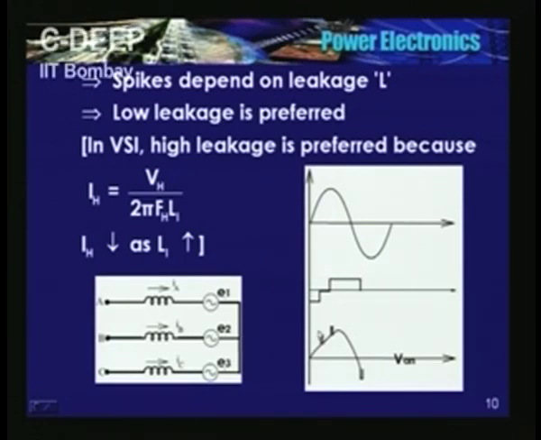One is to have a gradual transfer. Of course, if it is slow, it affects your power transfer. So, another way to decrease the magnitude of the voltage spike is to have a low leakage.